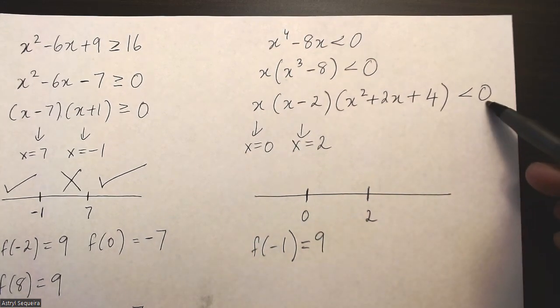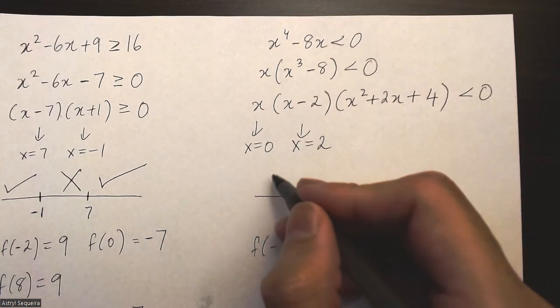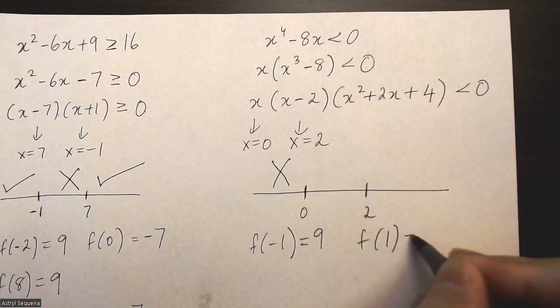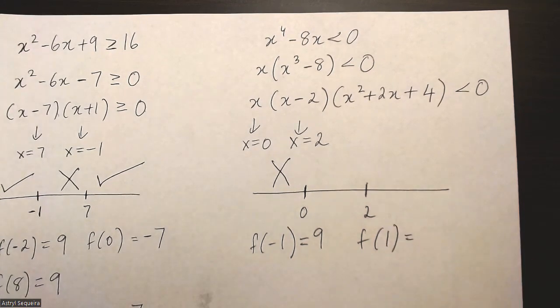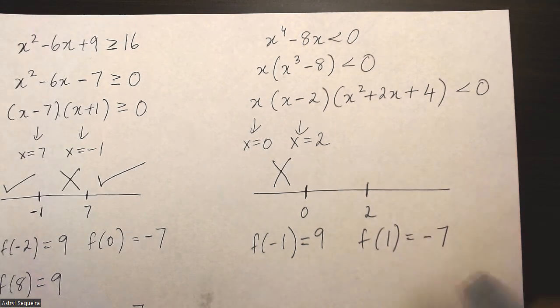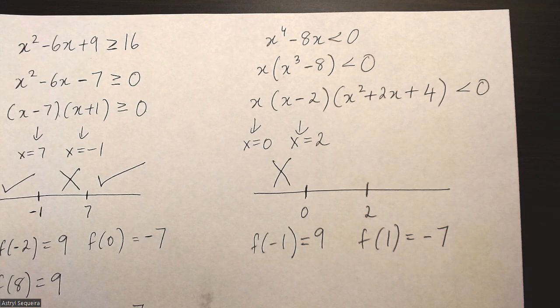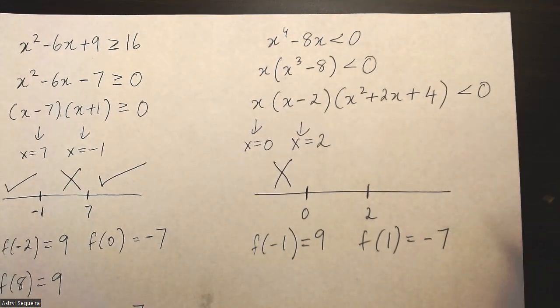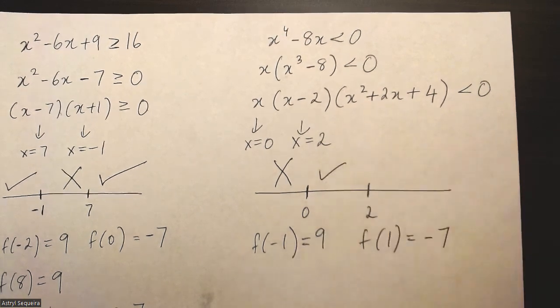Is positive 9 less than 0? Nope, it's not. So put an X over there. Then I will test positive 1 next. F of positive 1 is negative 7, which is less than 0. So this is a good range over here.